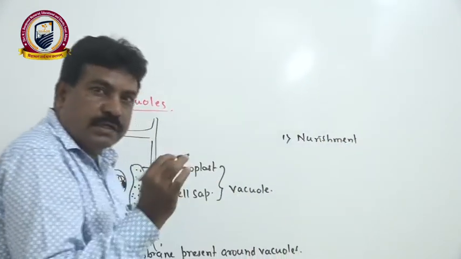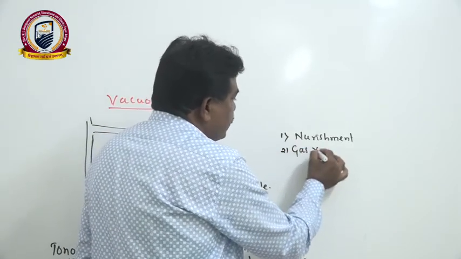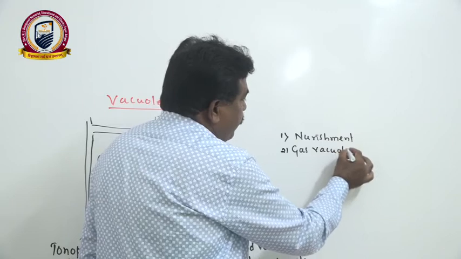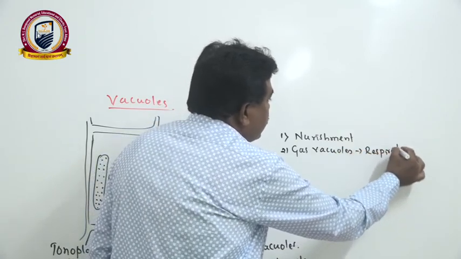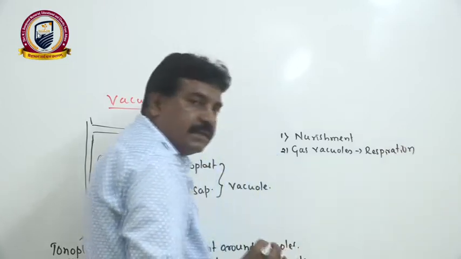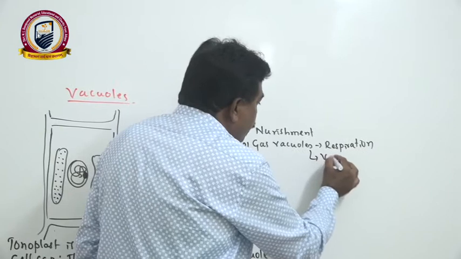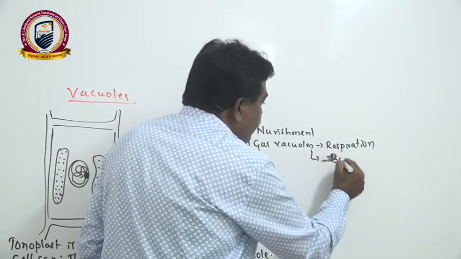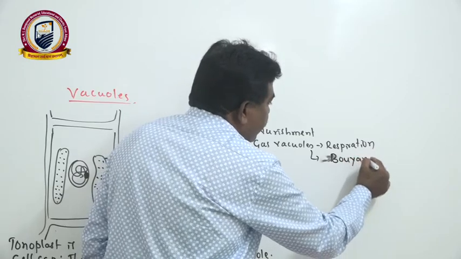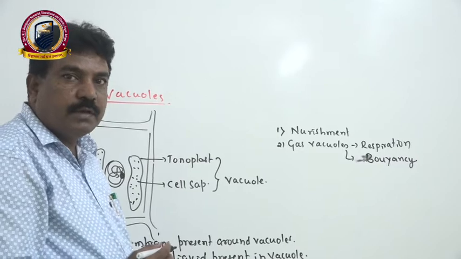There are certain gas vacuoles, and these gas vacuoles play a very important role in respiration, that is, exchange of gases. Even in some cases, vacuoles play a very important role in buoyancy because they are air-filled cavities. They help in floating, mainly in plants.